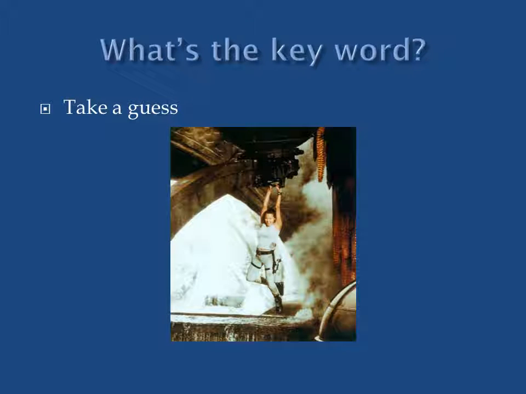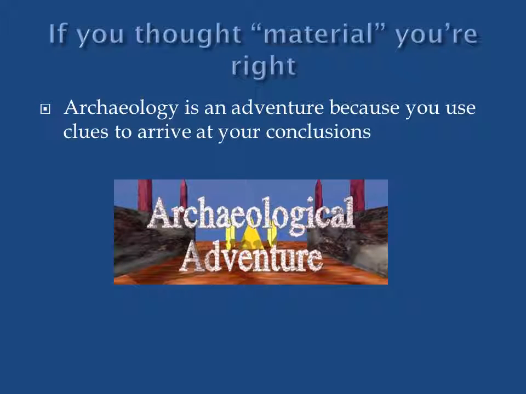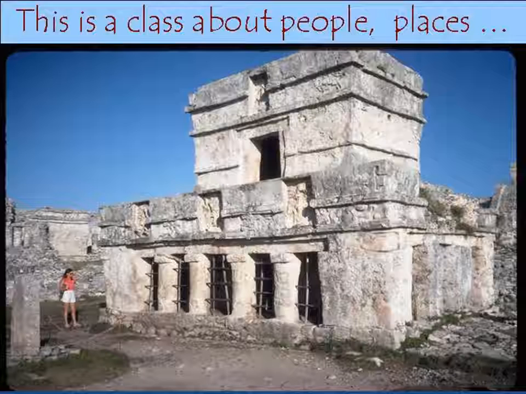Okay, so what's the key word in that definition? The scientific and systematic study of material remains. Well, scientific is important, but hopefully you thought material, because archaeology has to do with things people left behind, material things. You're a detective looking for clues at a crime scene.